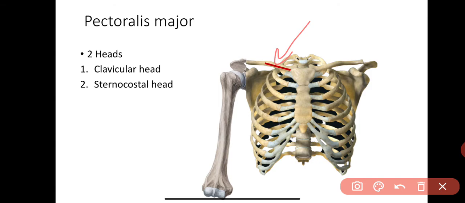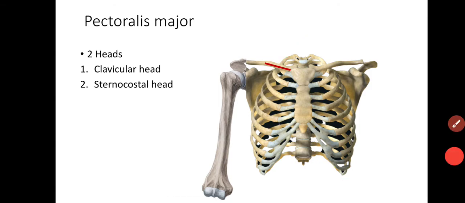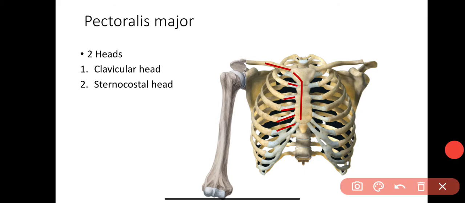Then the sternocostal head takes origin from the anterior surface of the lateral half of the sternum, and then from the 2nd to 6th costal cartilage, as shown in this figure.